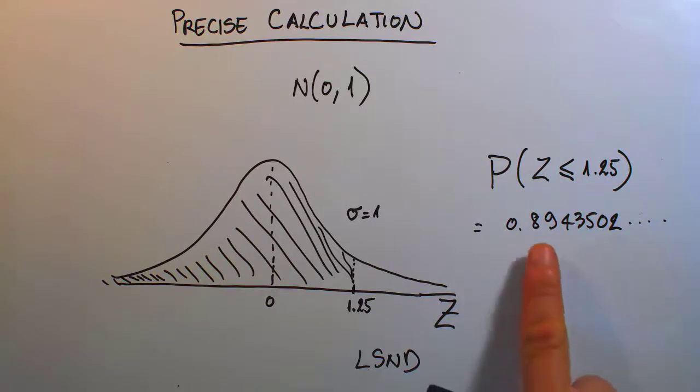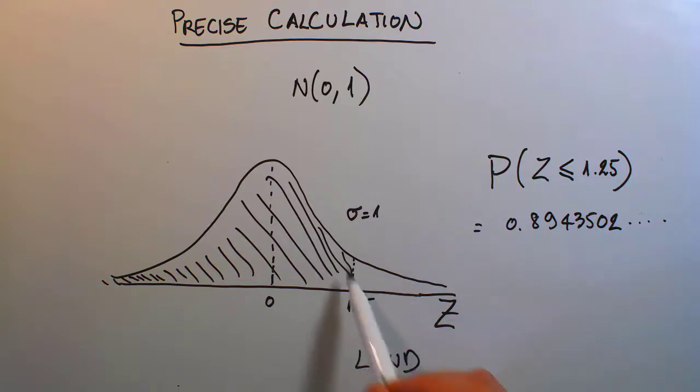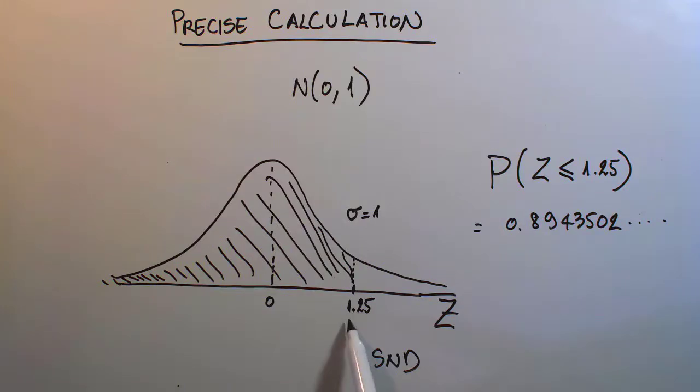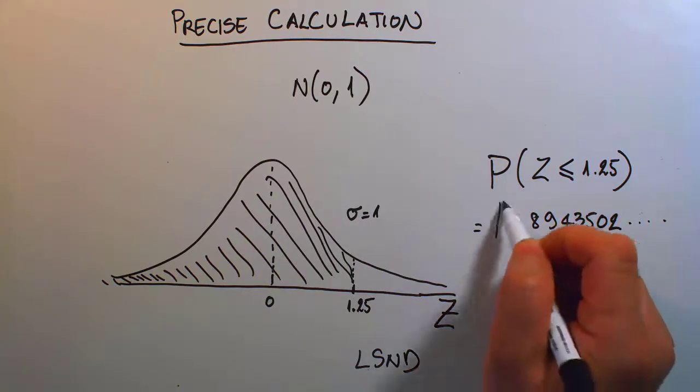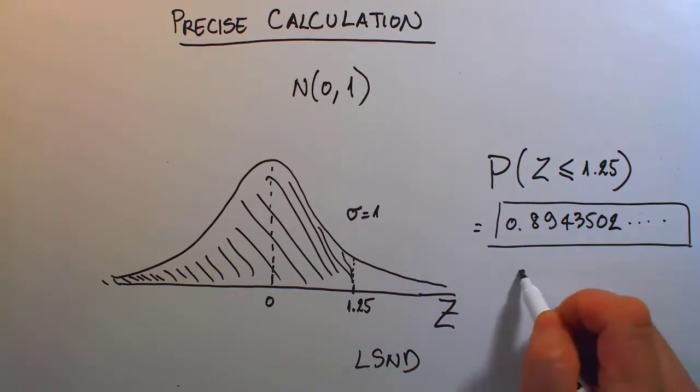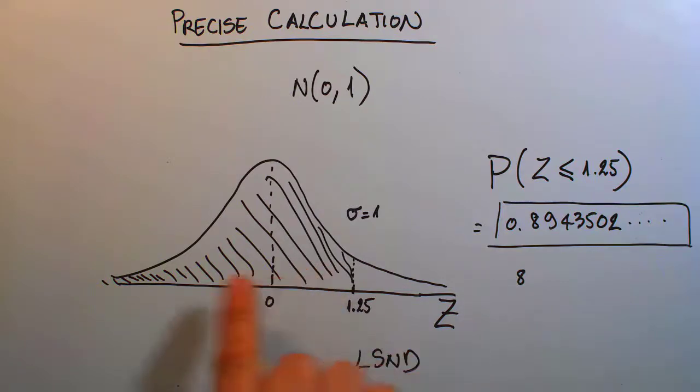But what is this decimal indicating? This decimal is how big the area is, cumulatively shaded to the left-hand side of my z-score 1.25. Thinking of it as a percentage, I mentioned when we began talking about the normal distribution that this area shaded to the left, starting from 1.25, will never end.